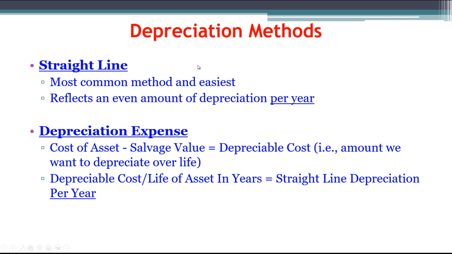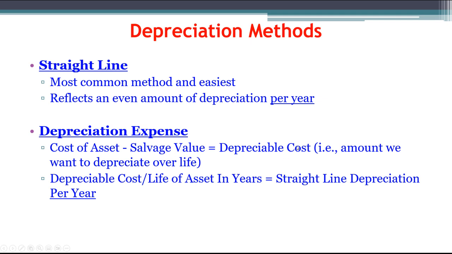So let's look at some of the methods. We have straight line, which is by far the most common, and it's the easiest method. It's actually what we've been using up to this point. Basically, you take the amount that you want to depreciate, which could be the cost like we did before, or jumping down here, it might be the cost minus some salvage value that we want to keep within the asset.